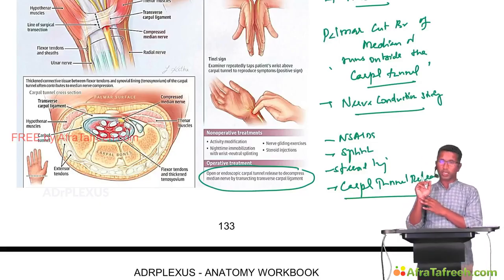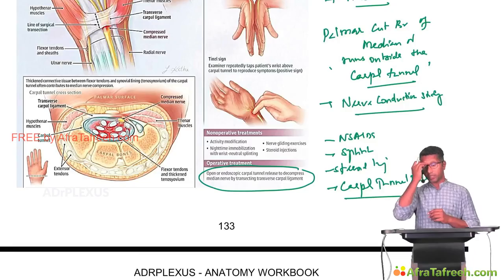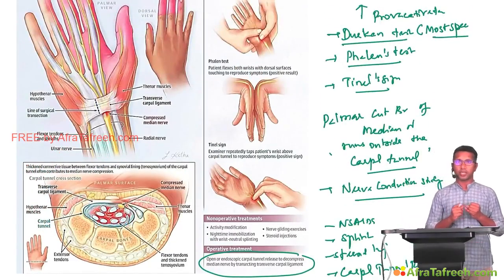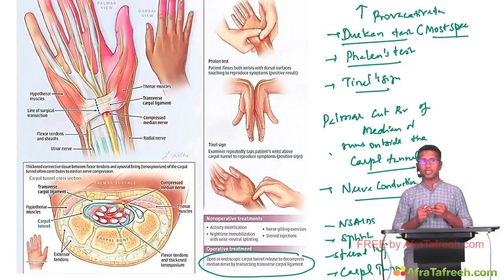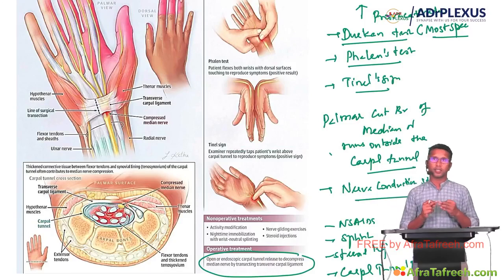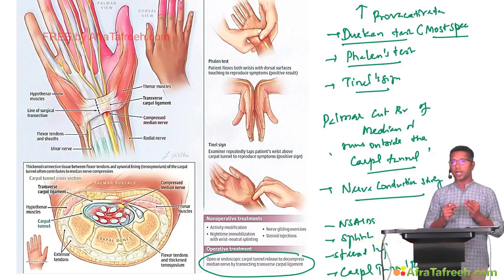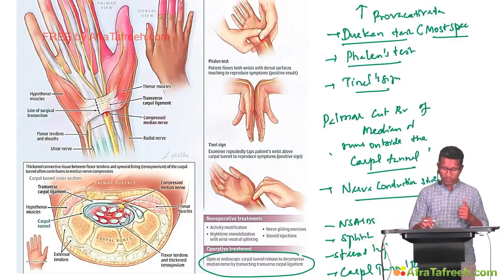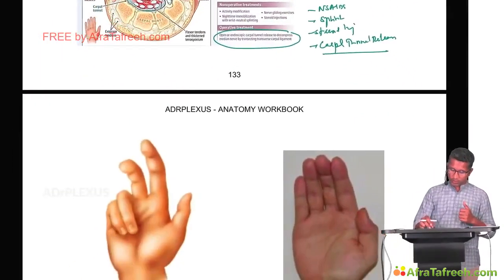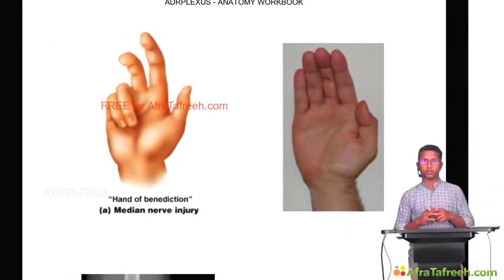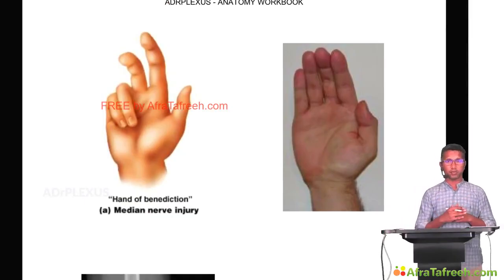Please remember the tests for carpal tunnel, which are frequently asked questions. One is Durkan's test, another is Phalen's test, another is Tinel sign. All these are clinical tests for carpal tunnel syndrome, and of these the most specific test is Durkan's test. Now, whenever there is a median nerve lesion, what are the clinical signs the patient will show?